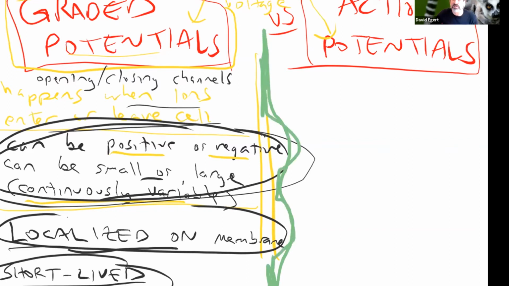Action potentials. Oh, and I should mention just where they are. Graded potentials tend to be on dendrites and on the soma of the neuron. So action potentials happen along the axon.